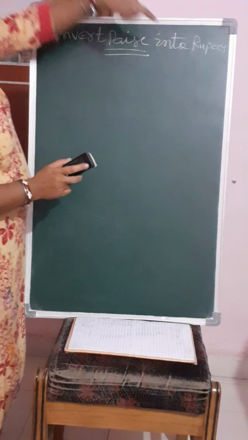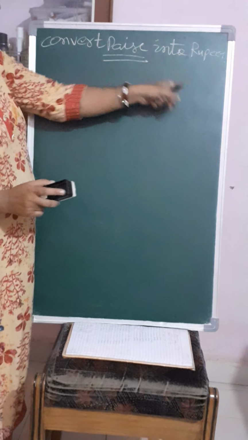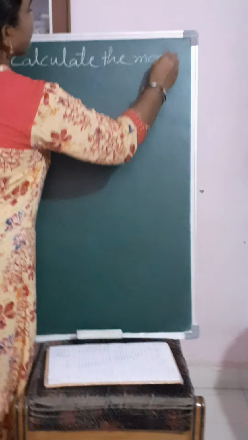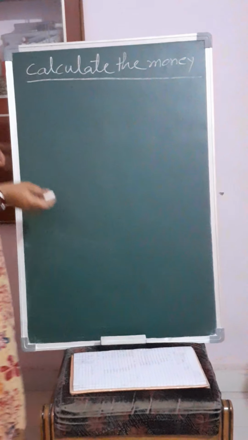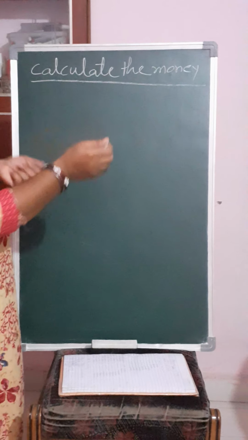Now you have understood, whenever we are converting paisa into rupees, we should divide the number of paisa by 100. Whenever we are converting rupees into paisa, at that time we should multiply the number of rupees by 100. Now children, we will learn how to calculate the money. Okay. Example: some notes are there, the same notes, so how will you calculate?